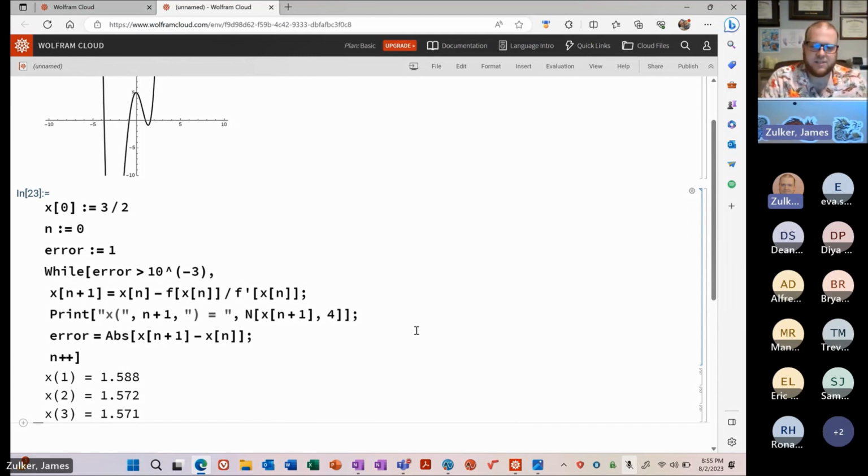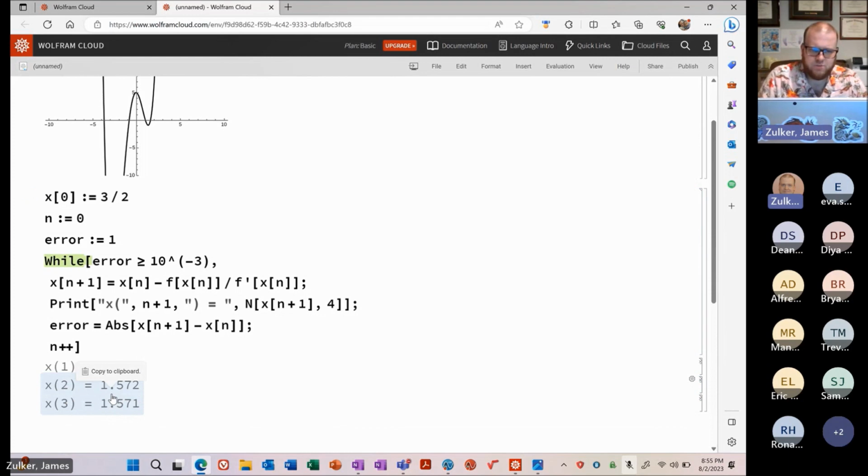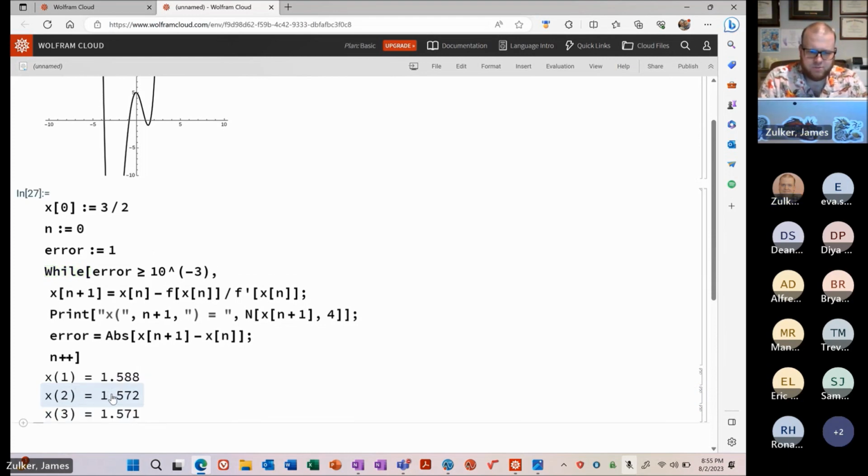So I can get the 3 decimal places. Although it didn't. These do not agree to 3 decimal places. What if I change this to greater than or equal to? Doesn't change it. So why is it?